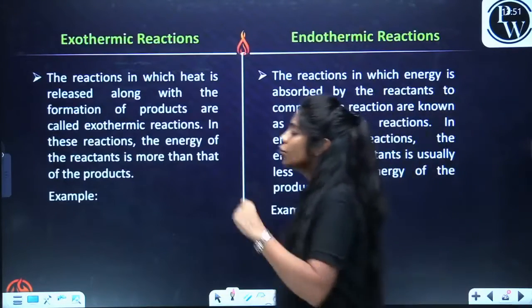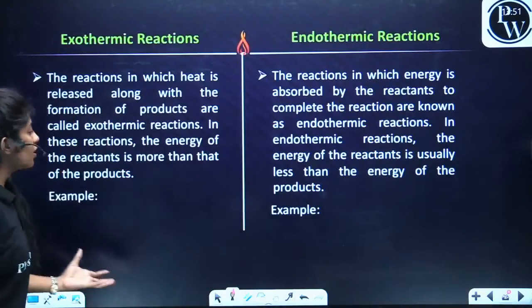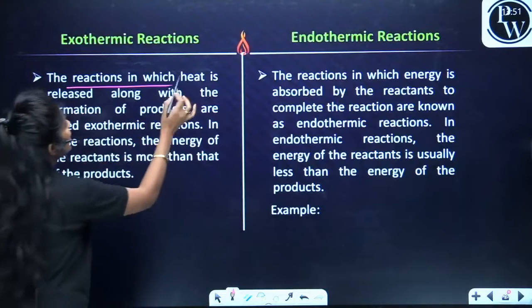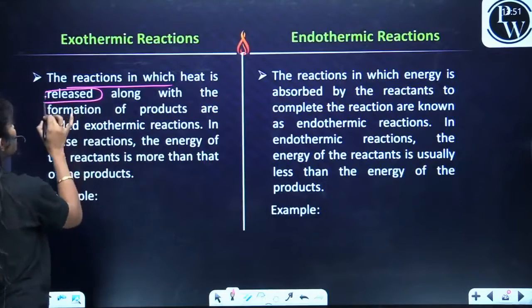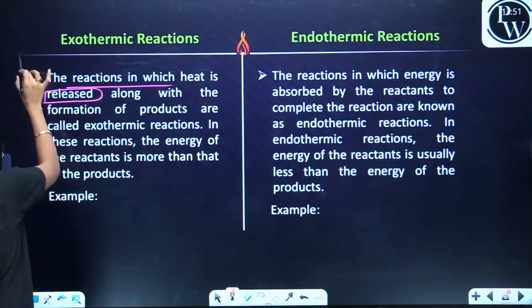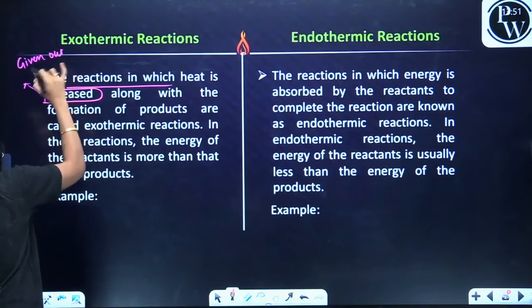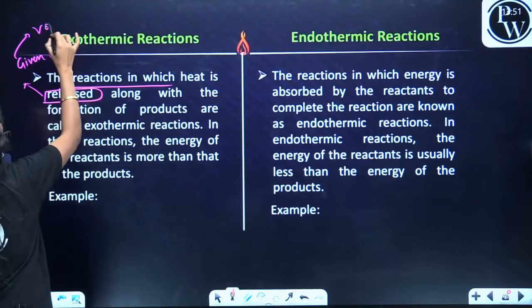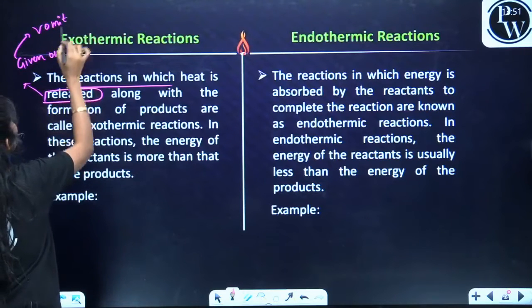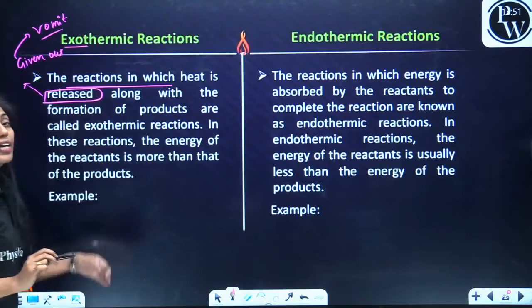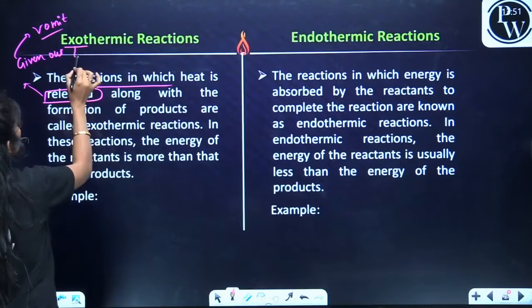We will be talking about them using examples. So a reaction in which heat is released or given out, that is called exothermic. Exo means exit.